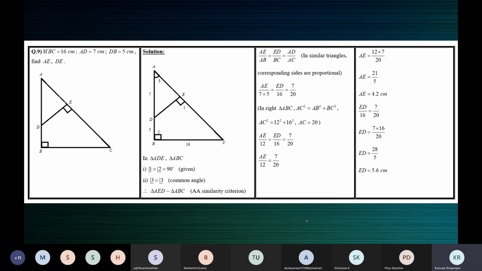It's just similarity, children. Prove that the two triangles are similar, that small triangle ADE and the big triangle ABC. Similarity gives you a proportion. Substitute the values given in the proportion. You have to find AC using Pythagoras theorem.